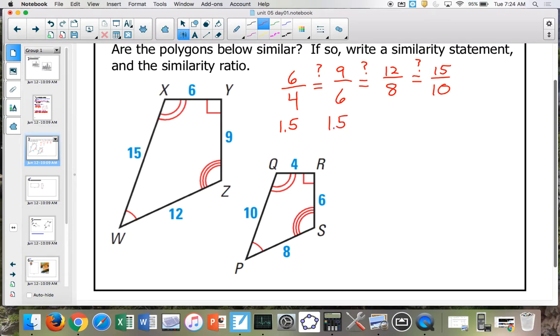You also get 1.5. 12 divided by 8. And 15 divided by 10. All of these must be equal. If 3 of them are equal and 1 is not, that's not good enough. But in order for these polygons to be similar, all 4 of those have to match, and they do. So the answer to the first question, are the polygons similar, is yes.